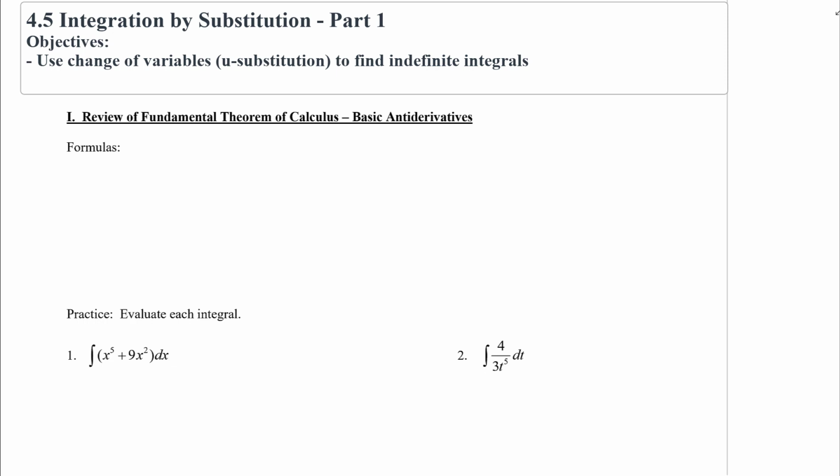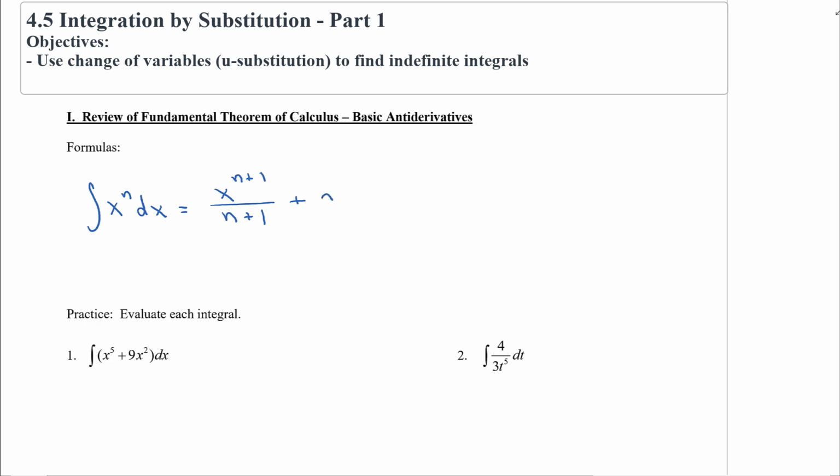We're going to start off with our first formula, and that's going to be the power rule for integration. So let's go ahead and start writing down that formula. That formula is going to be the integral of x raised to the n power dx is going to be equal to x raised to the n plus 1 power all over n plus 1.